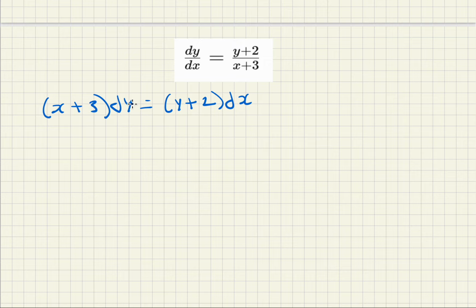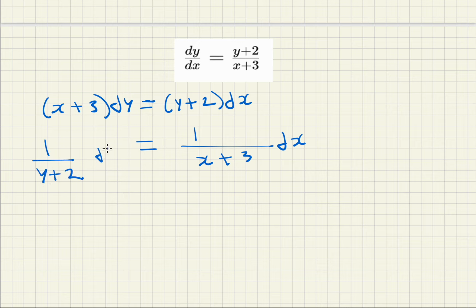It's not paired up accurately, so we can do some reshuffling and we'll get something like this: 1 over x plus 3 dx, then 1 over y plus 2 dy.